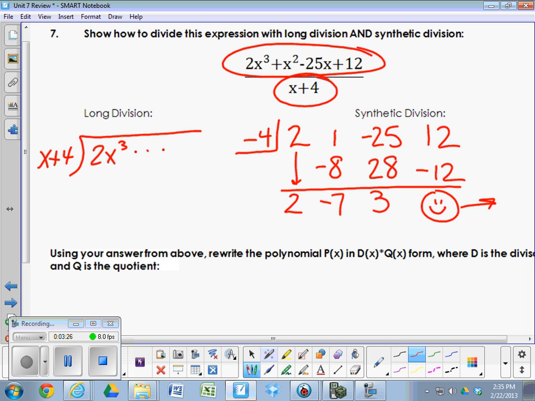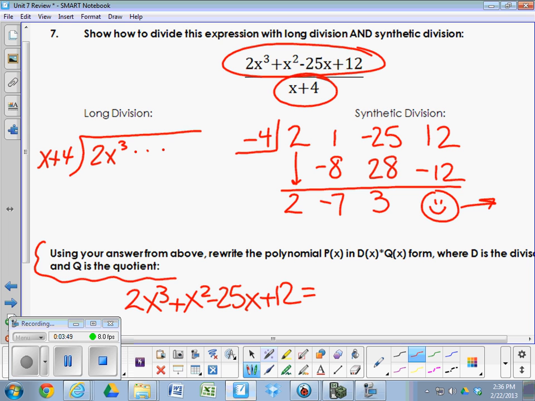Well, the rest are the coefficients of the other factor of this polynomial. You see, what we just figured out was, and I'm going to do this bold part at the bottom now, we just figured out that this polynomial, let's call it p of x for polynomial, can be split up into its divisor and its quotient.